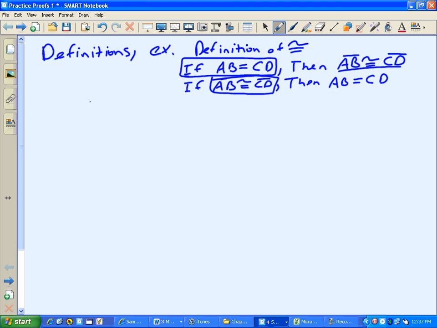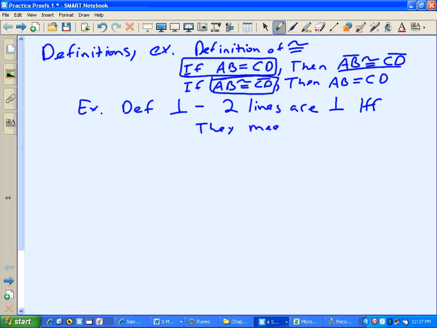Another example, we use the definition of perpendicular, which states that two lines are perpendicular if and only if they meet at a right angle.